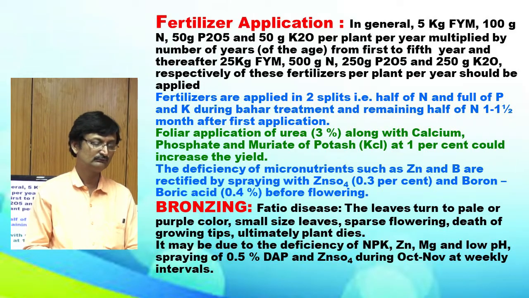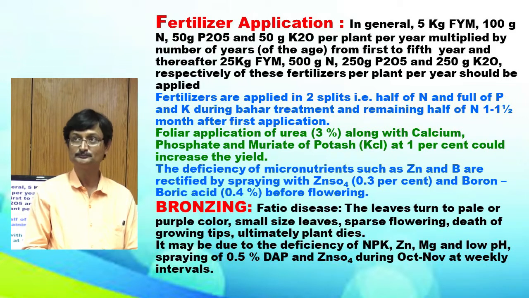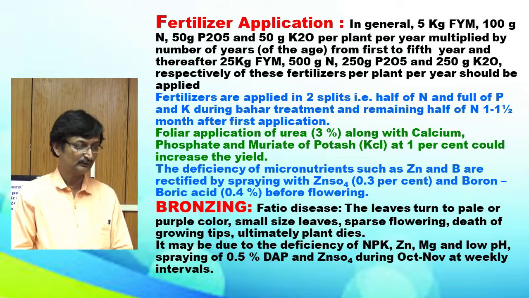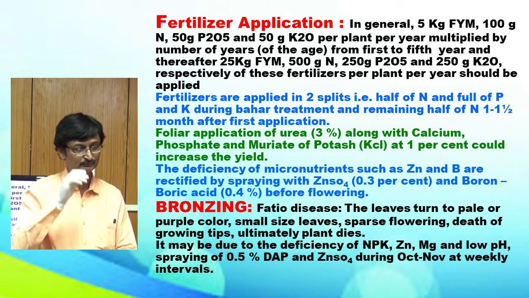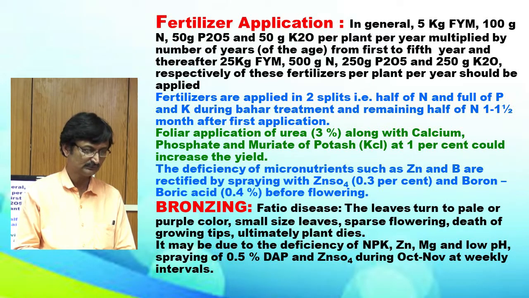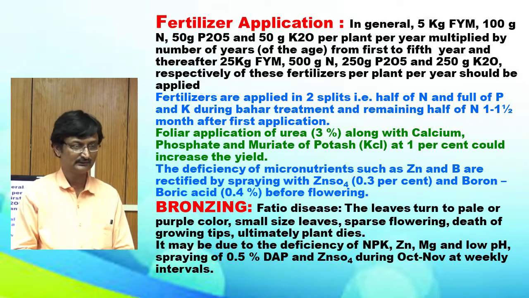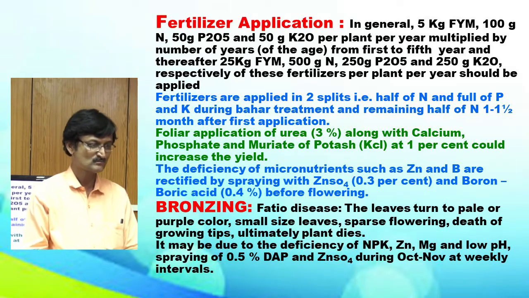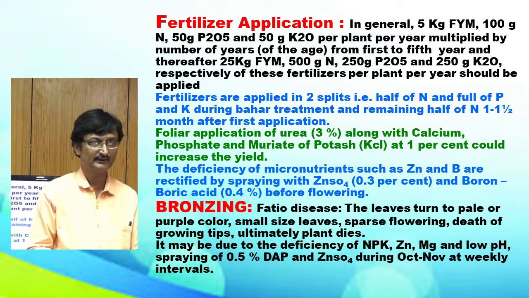Likewise, we increase the amount of fertilizer, and at the 5th year 25 kg of FYM, 500 gram of nitrogen, 250 gram of P2O5 and 250 gram of K2O should be added, and thereafter this constant dose of 5th year is administered, and this is the dose of NPK.